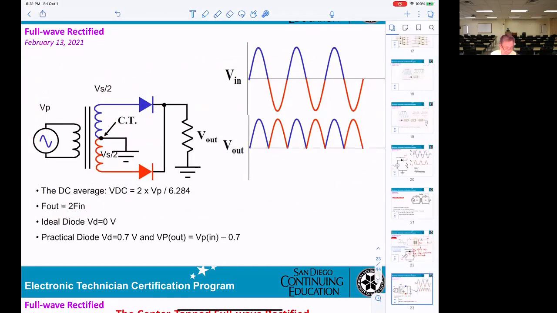For the practical diode, VD equals 0.7. V peak out equals V peak in minus 0.7. That I already gave you in order to calculate the V peak at the output.